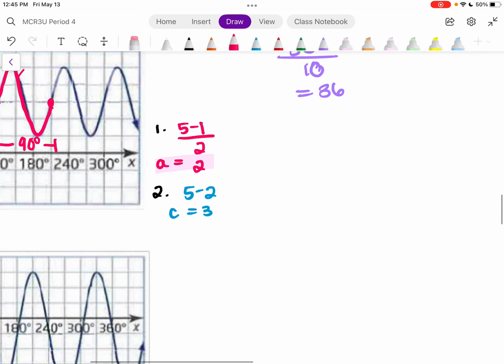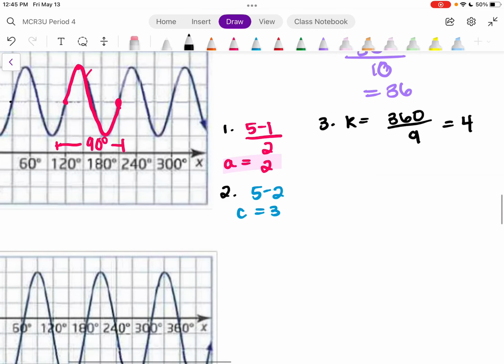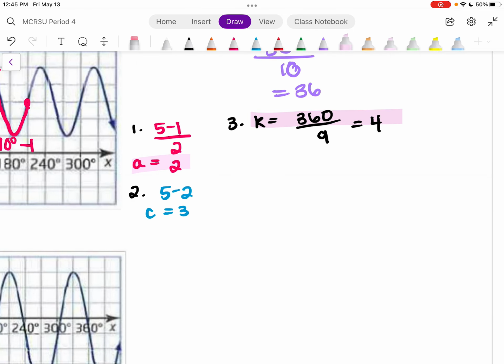So if I'm going to go find my K value, K is equal to 360 divided by 90, which is going to give me 4. Okay, so now I have my K value, which is 4.